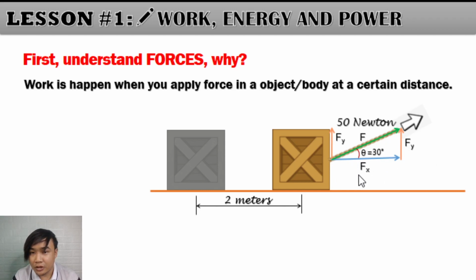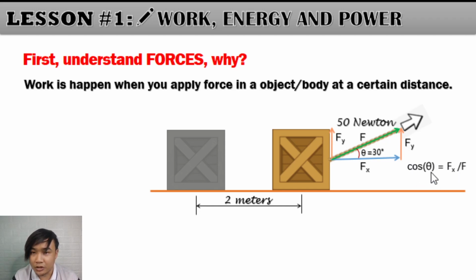So, that is Fx. So, para mahanap natin yung value niyan, ang value kasi ng F is 15 Newton. So, imagine nyo, ito yung hypotenuse. Ito yung adjacent side ng angle. So, that is cosine, adjacent over hypotenuse.